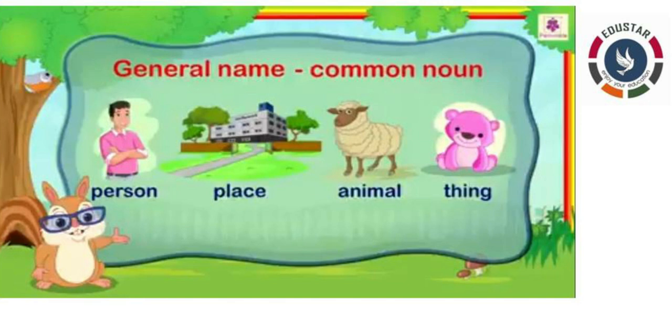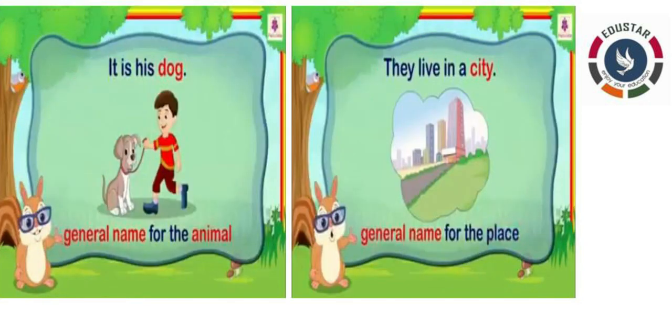For example, it is his dog. Dog is a general name for the animal. They live in a city. Here, city is a general name for the place. Can you understand what is a common noun?